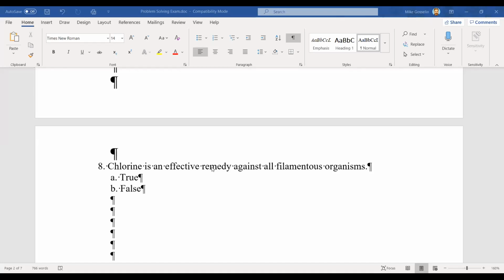And now, in almost all cases that you're going to run across in your experience running treatment facilities, you're 100% correct. If I'm running a treatment facility and I have filamentous problems, I'm going to put some chlorine to it, and that's going to fix that problem.